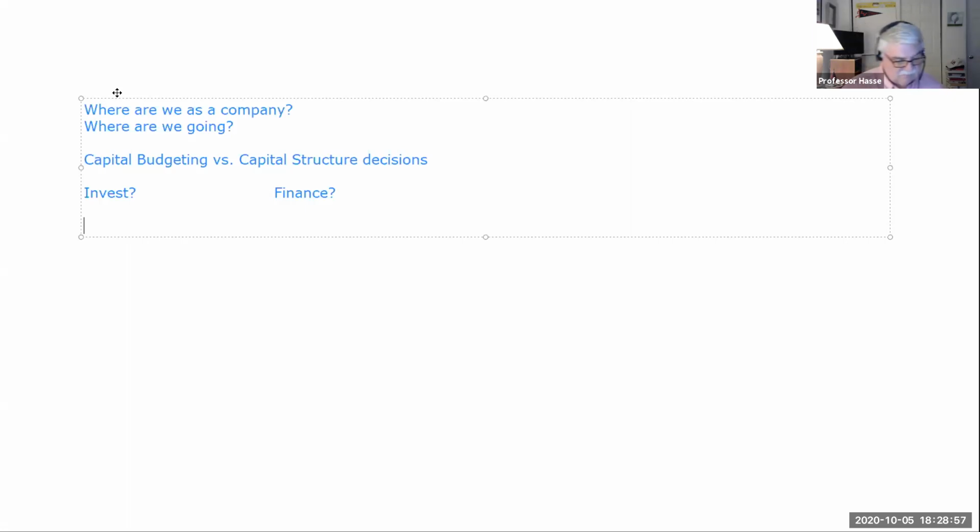So those are just some definitions about finance, about what we are doing in finance. We're taking accounting data and determining where we are going by investing in capital and financing that investment. But what type of business we are determines that financing.